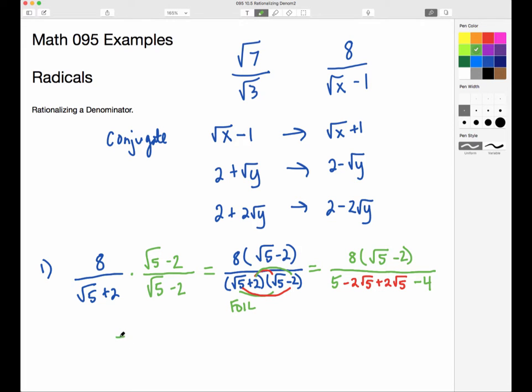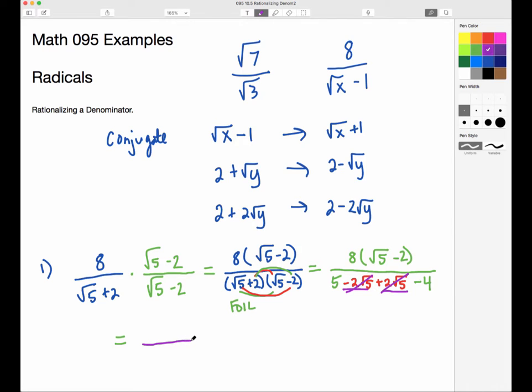Okay, so I have multiplied my original fraction by a version of 1. I did the FOILing on the denominator to get rid of the parentheses, and now I can start simplifying. Now we do this conjugate on purpose because notice these two middle terms. They're the same number but opposite in sign, so they actually cancel each other out. They are like terms and they add to 0.